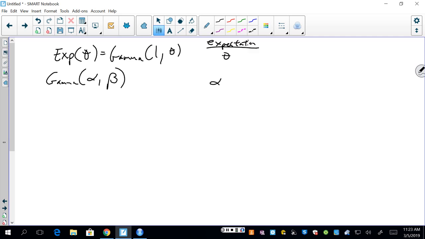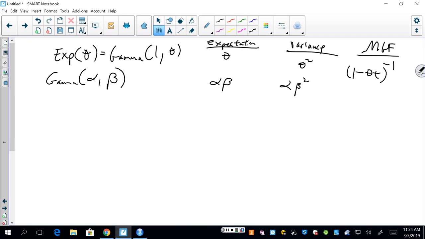This is beta, this is alpha times beta. Variance, beta squared. This one's alpha times beta squared. And we looked at probability densities, some moment generating functions. What were the moment generating functions for these things? There was 1 minus beta t to the -1, and this one was 1 minus beta t to the negative alpha. And there was a few things that we could do with those.